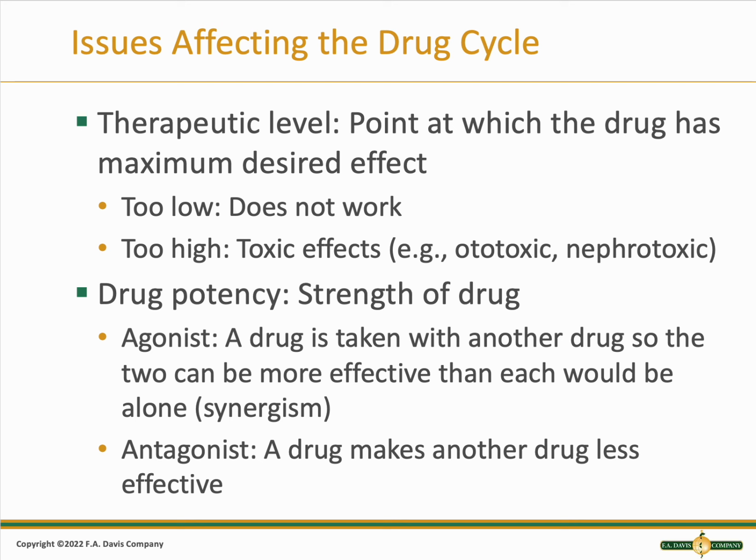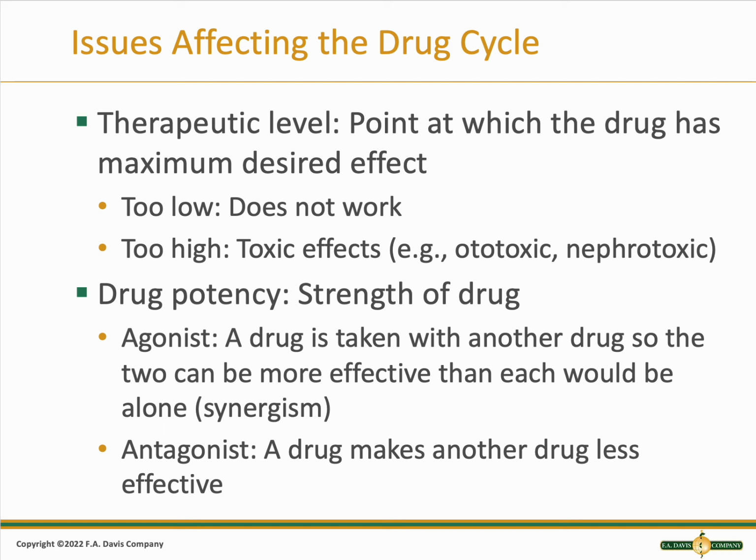But there's a point for all drugs, whether we can measure it easily by a blood test or not, at which the drug has a maximum desired effect. If it's too low, then it doesn't work. If I give you aspirin, the lowest dose of aspirin is 81 milligrams, but if instead I made a pill that only had 1 milligram of aspirin, it wouldn't do anything.